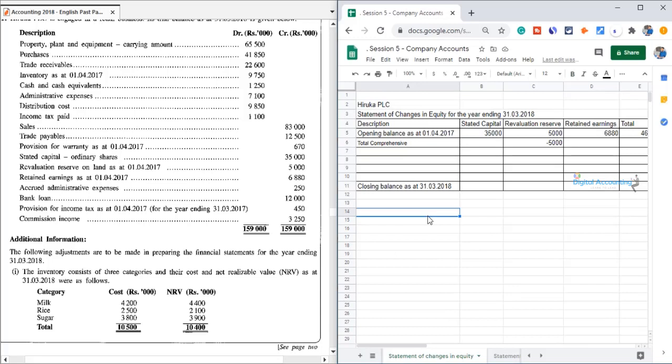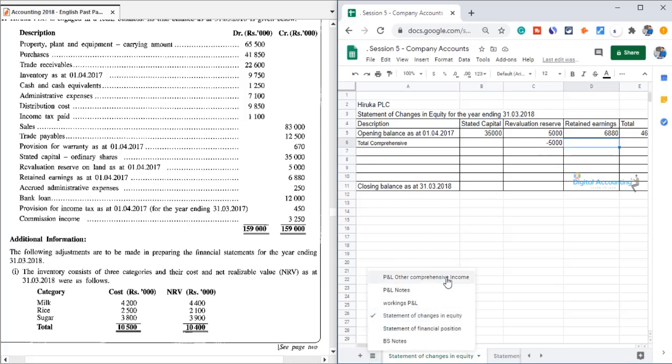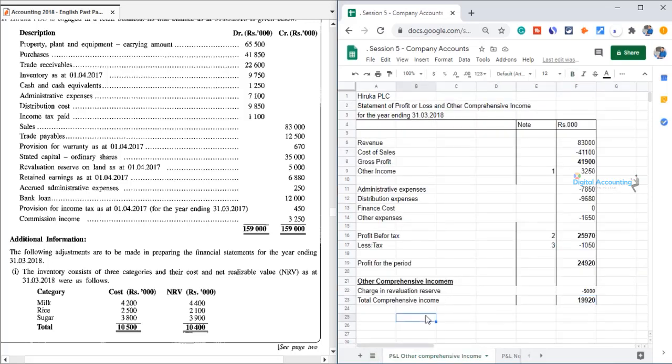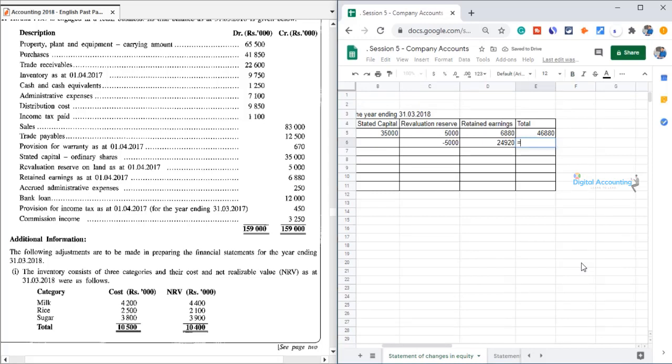Then we will complete the changes in equity. So here we have worked with opening balances, and in the total comprehensive income, this is the revaluation loss on land 5,000, and the profit will come under retained earnings. So the profit for the period is 24,920. So the total should be equal to total comprehensive income, that is 19,920.